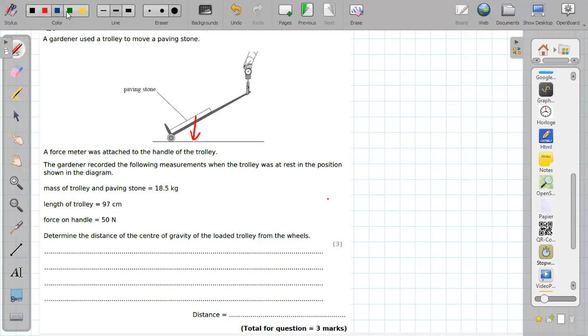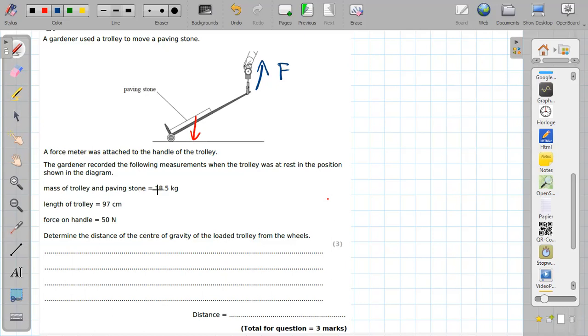Have a good look here. The gardener used a trolley to move a paving stone. Paving stone is here. A force meter was attached to the handle of the trolley, right? It may act like a force of F, just mark it. And the gardener recorded the following measurements when the trolley was set at rest in the position shown in the diagram, right?